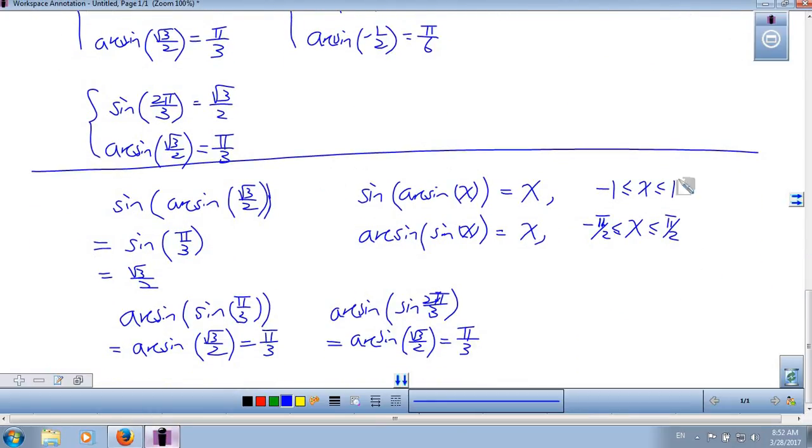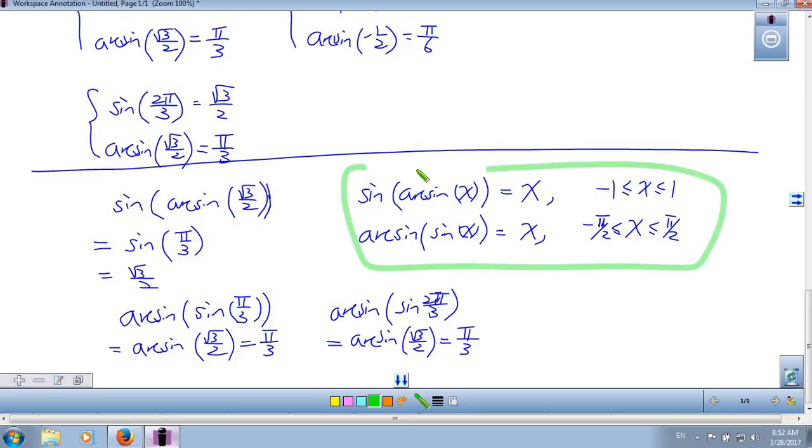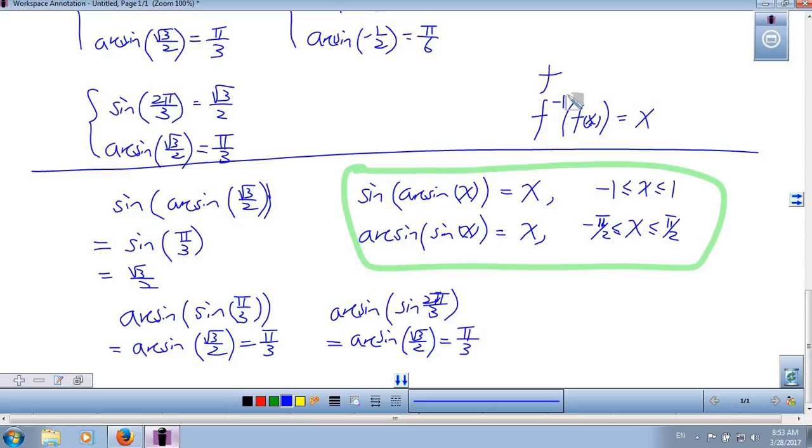So this is a very important rule that helps us understand sine and arcsine. In regular inverse functions, f inverse of f of x is always equal to x, and f of f inverse of x is always equal to x. That is true in regular inverse functions, but with sine it's not necessarily true.